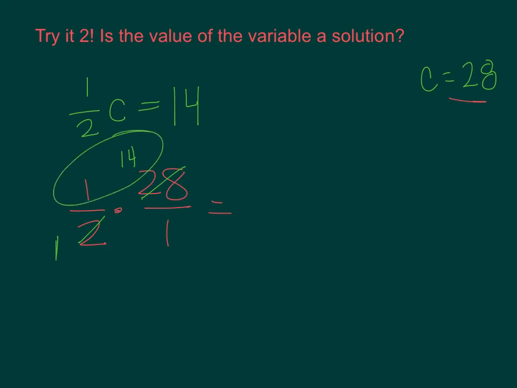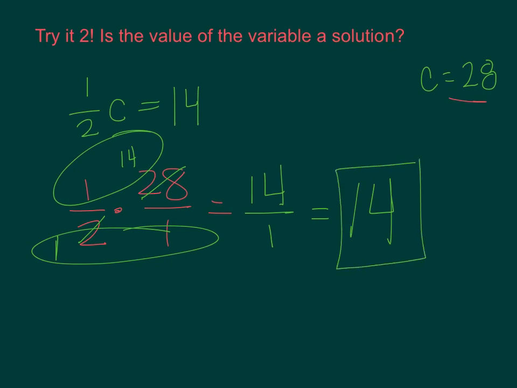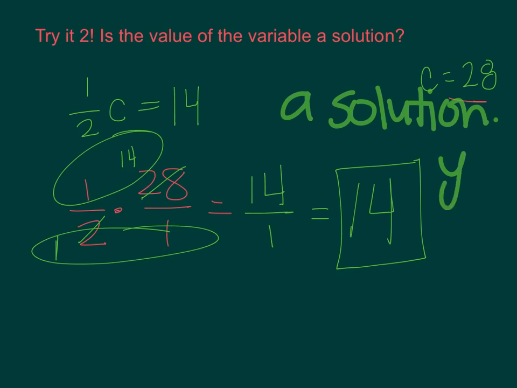But 1 times 14 is 14. 1 times 1 is 1, which is the same as 14 wholes. Well, looking back, that's what my equation said was the solution. So yes, 28 is the solution for c. So this is a solution.